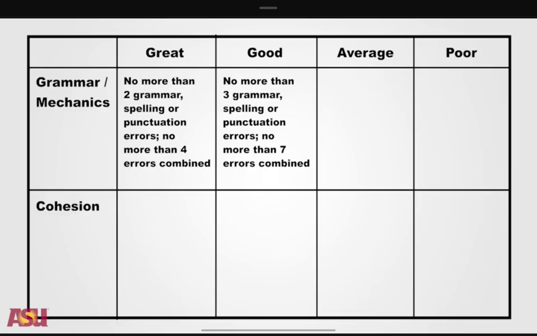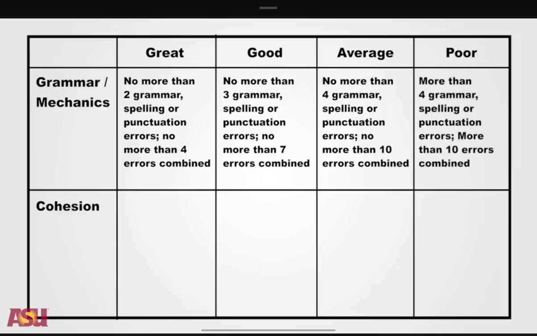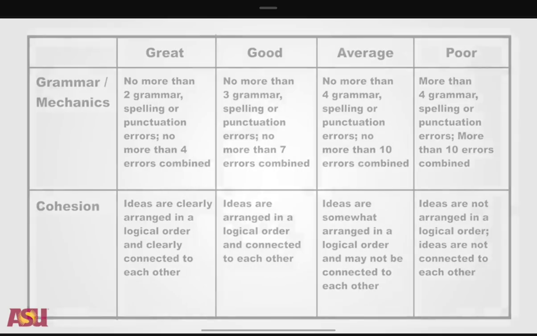Average mechanics in this way: no more than 4 grammar, spelling, or punctuation errors. No more than 10 errors combined. And poor mechanics like this: more than 4 grammar, spelling, or punctuation errors. More than 10 errors combined. I would create similar levels for cohesion and any other grading categories that I want to assess in their writing.